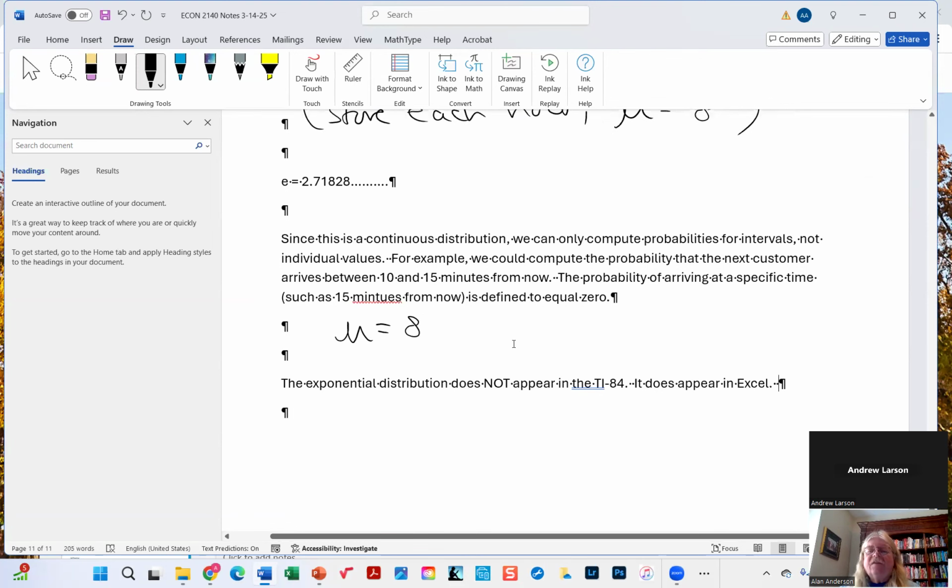The only thing we have to watch out for is this: we must be careful with the units.